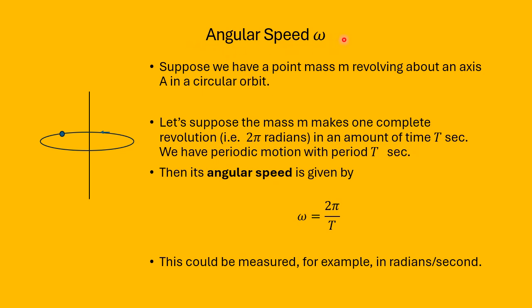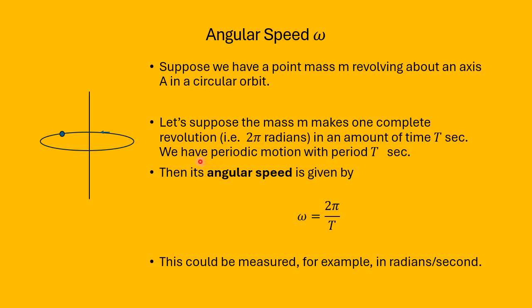So we used omega to represent the angular speed. What do we mean by this angular speed? Well, suppose that we have a mass that is revolving around some axis in, let's say, a circular orbit. Suppose the mass m makes one complete revolution through 2 pi radians in an amount of capital T seconds.